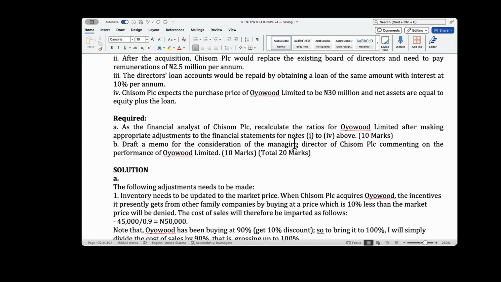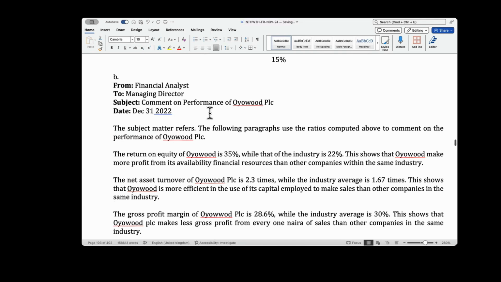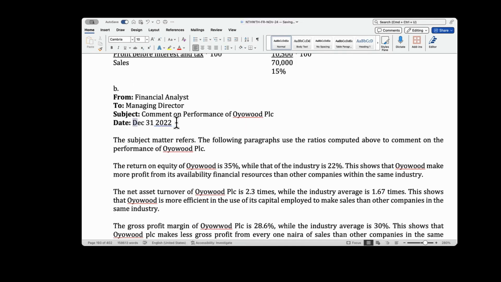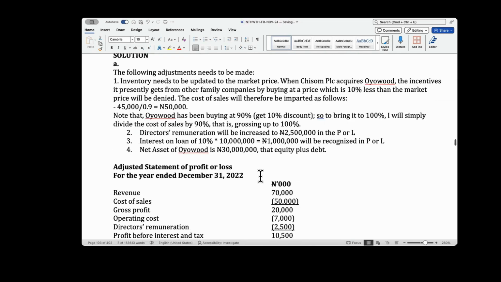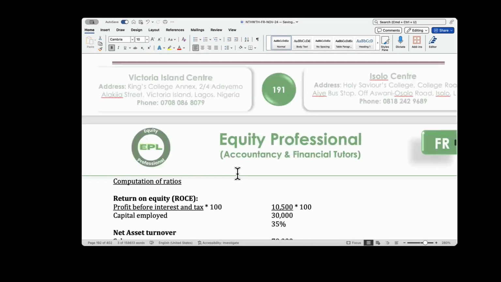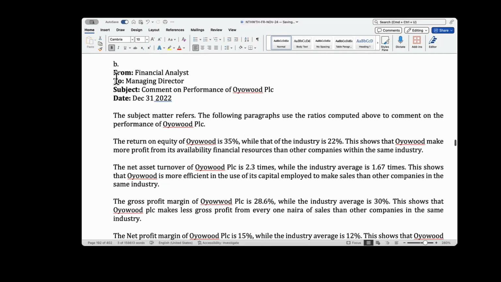Yes, MD. Subject: comment on performance of Oyo Wood. Dates: I usually put the year end. I will just look at their balance sheet, December 2022. That is what I'll put as my date, and I move on. Then I go to my body.